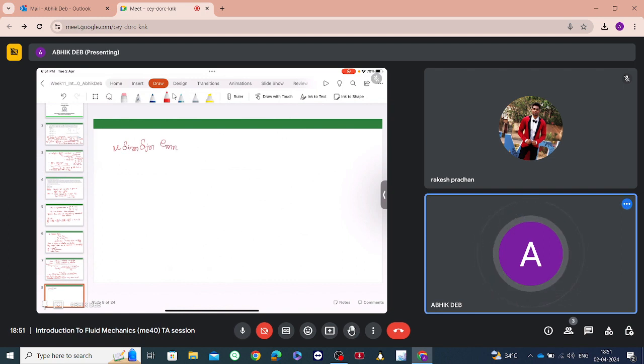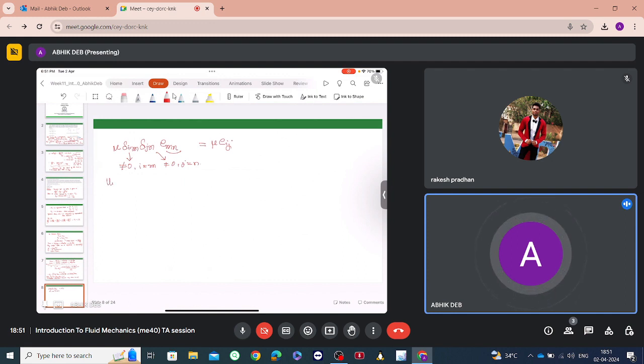So this is not equal to 0 when i is equal to m, and this is not equal to 0 when j is equal to n. So this one will become eij, m will become i and n will become j. So this will become mu eij.